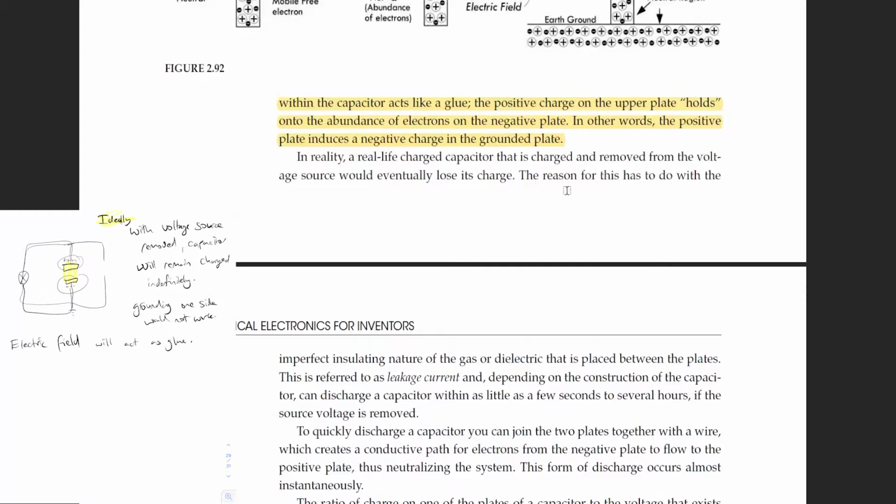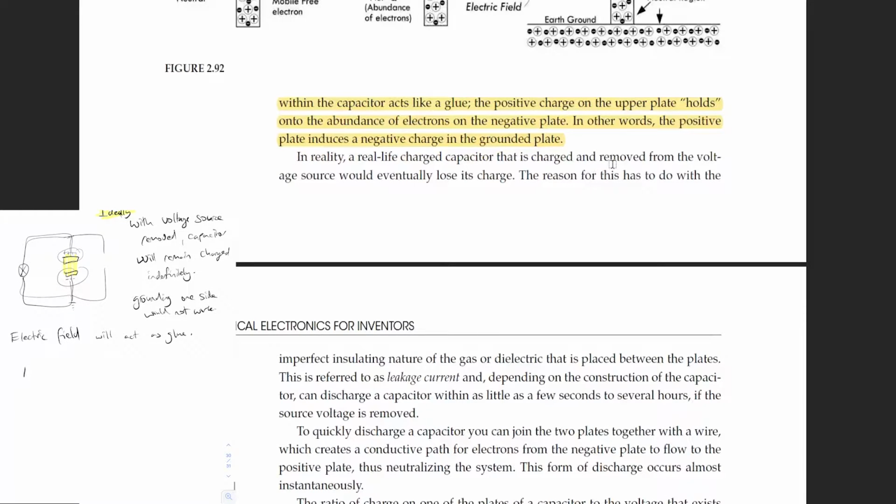That's okay. In reality, a real-life capacitor that is charged and removed from the voltage source will eventually lose its charge. So in reality, capacitors eventually discharge.